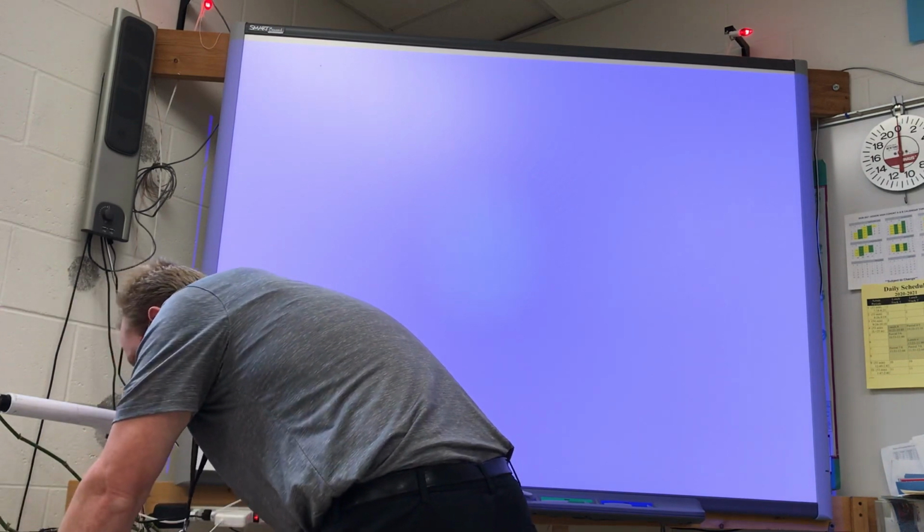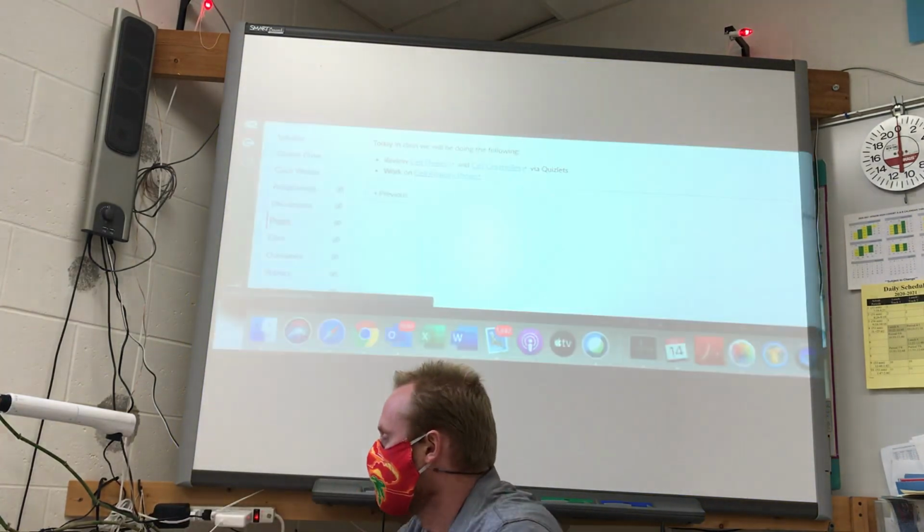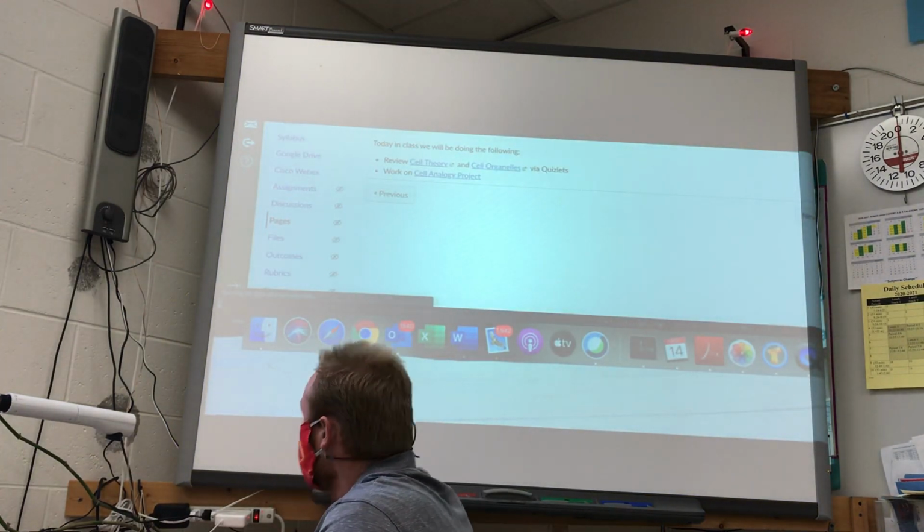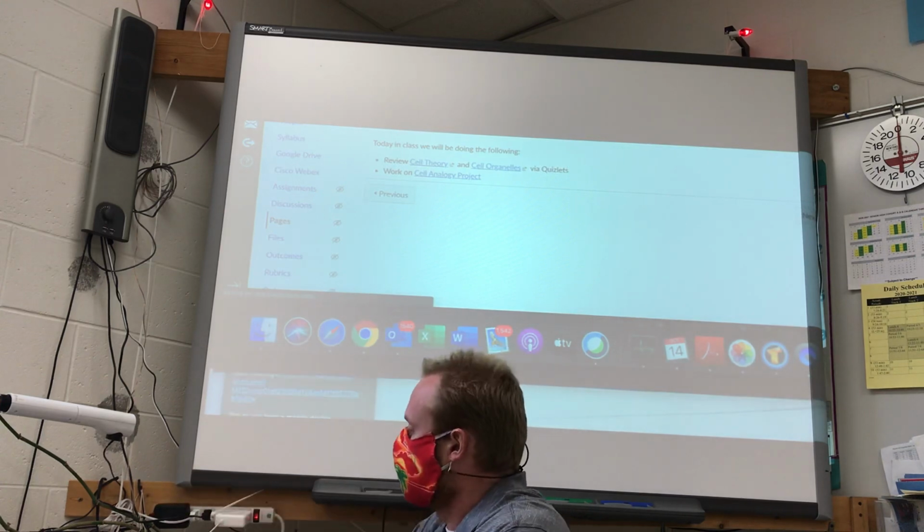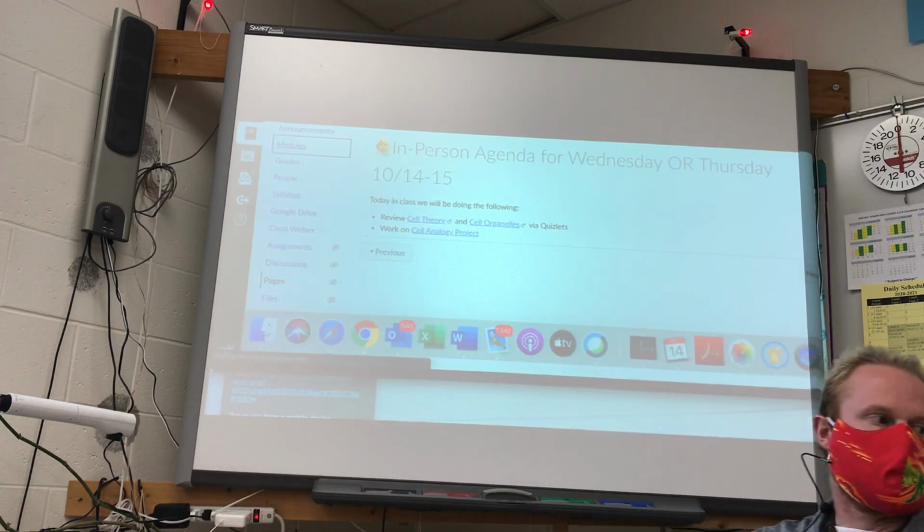In Canvas. So, under today's modules, that isn't showing up right.